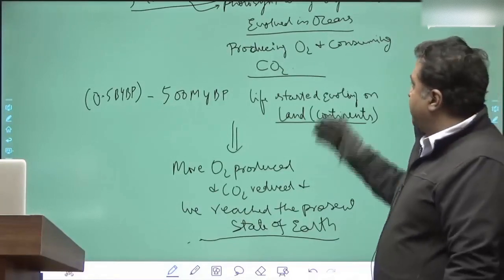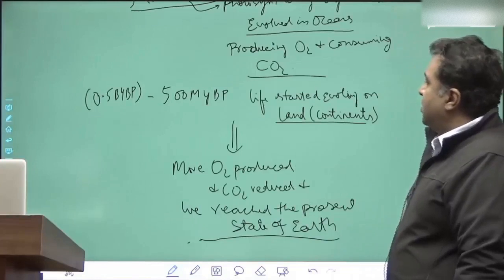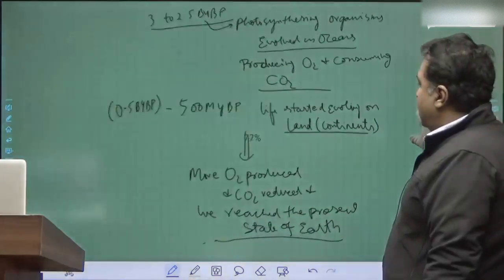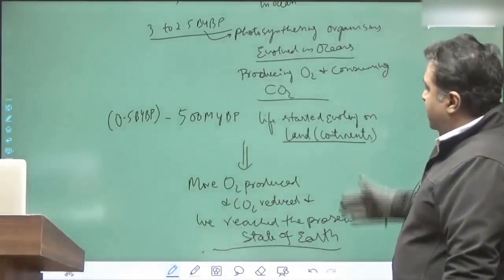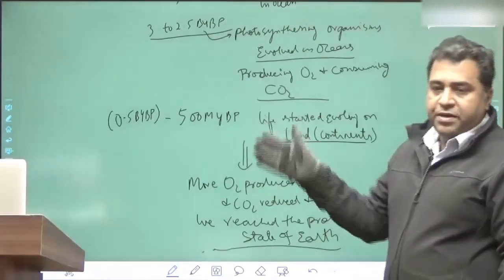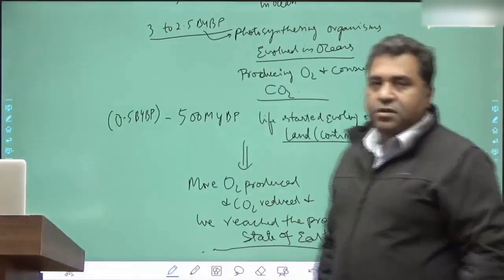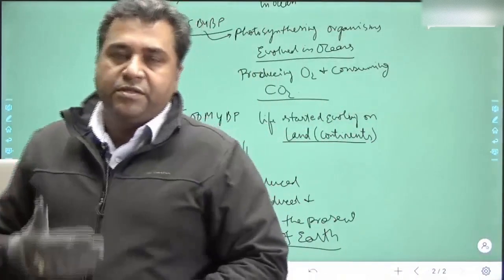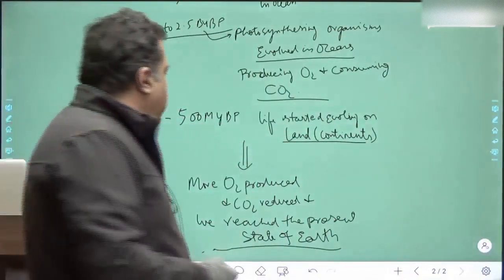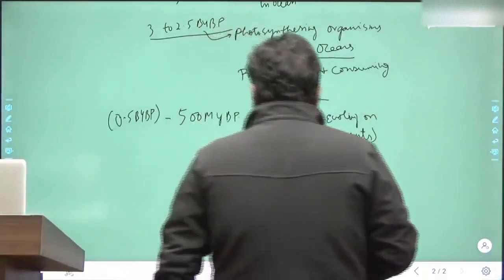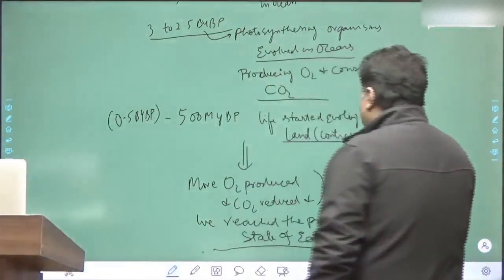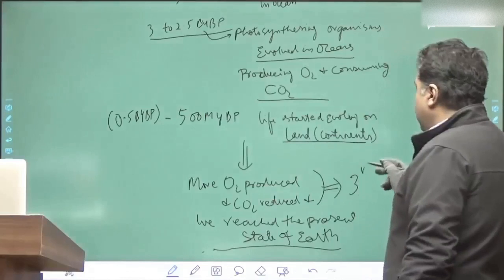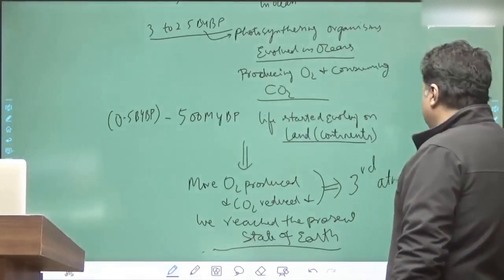So this was the sequence in which evolution of Earth proceeded from past to present, and this is where we left the Earth story. So we understood that the Earth was formed the way we have, with life and oxygen, and this gave us the third atmosphere, the third present atmosphere.